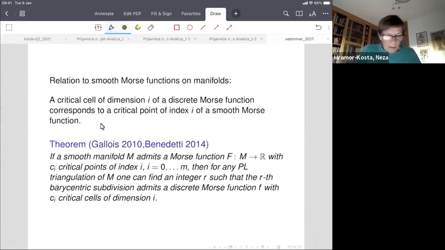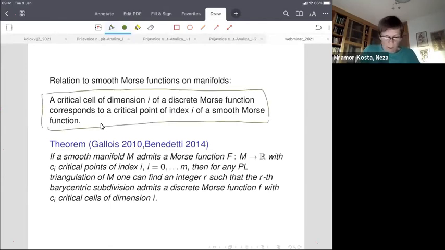Okay, so what is the relation to smooth Morse theory? As I said already, a critical cell of dimension I of a discrete Morse function corresponds to a critical point of index I of a smooth Morse function. So the dimension of the cell really corresponds to the index of the critical point in the smooth case.